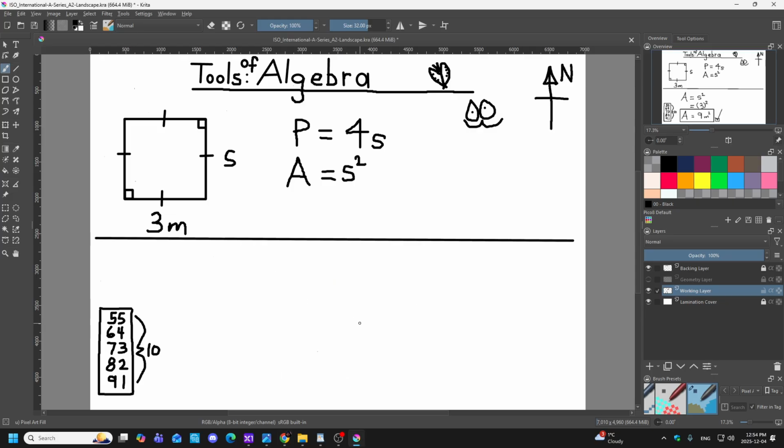All right, let's do another. A square with length 15 inches. 15 inches.